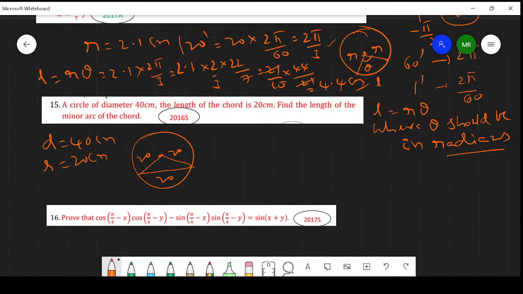The triangle is an equilateral triangle. In an equilateral triangle, we know that each angle is 60 degrees. Length of the chord is given 20, radius is 20, 20. So this is an equilateral triangle. I will write this neatly, because it will give clarity.